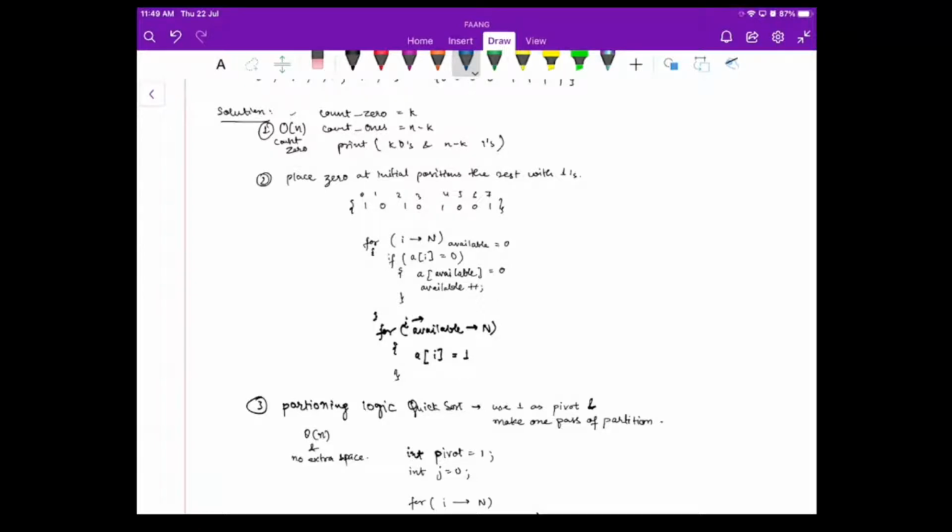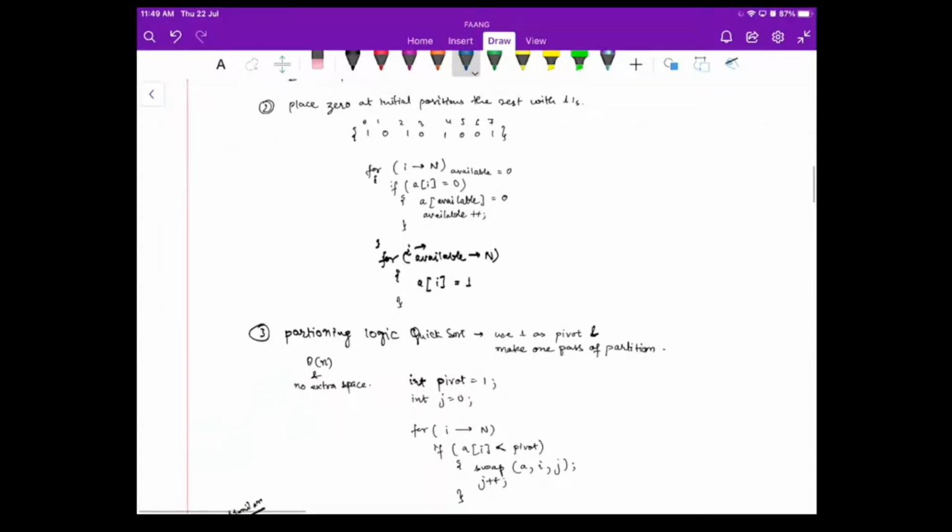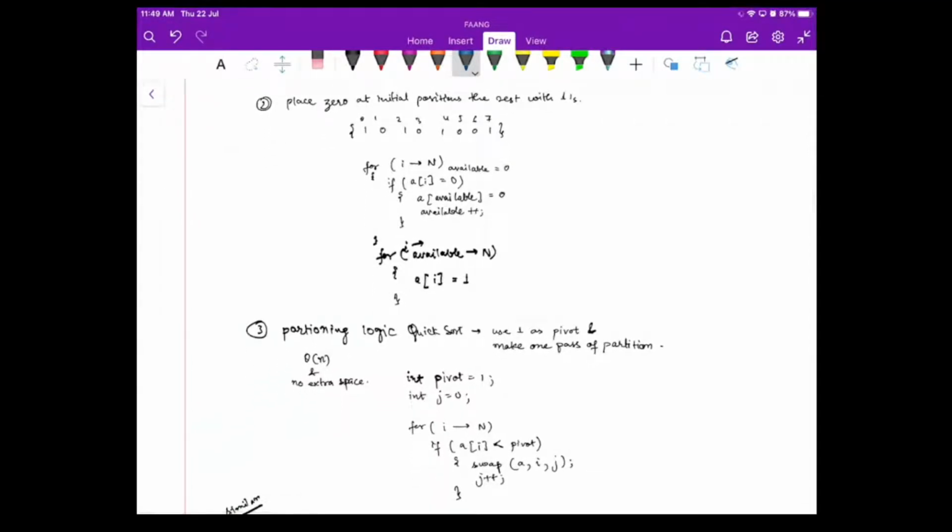So now what is the other method? Place zeros at the initial positions, and the rest with ones. I think that is also doing the same thing.